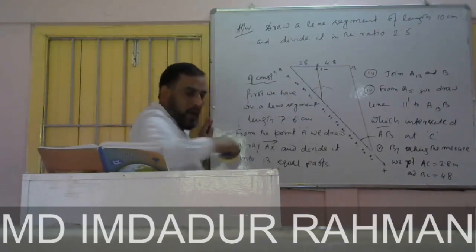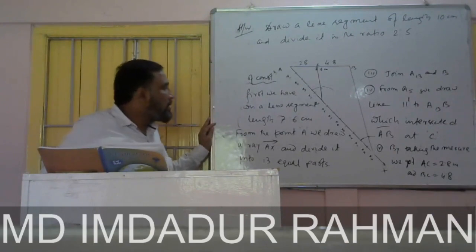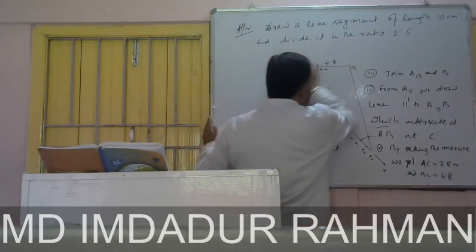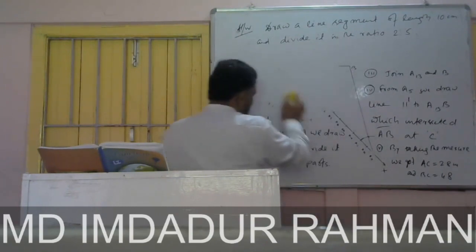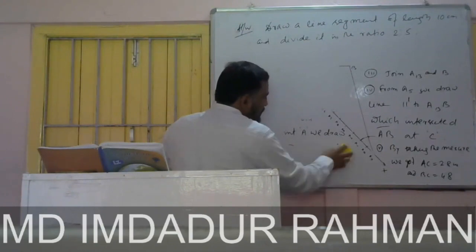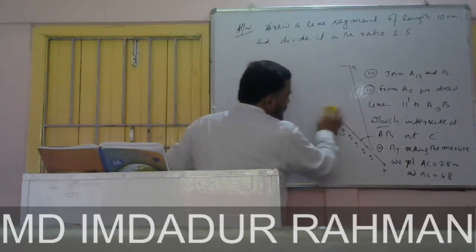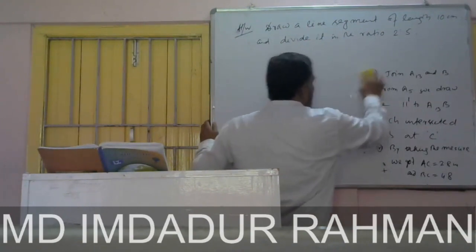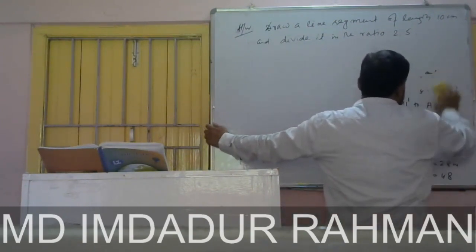So I hope you understood how to divide a line segment of given length. Now we will construct a triangle whatever will be given in the question.